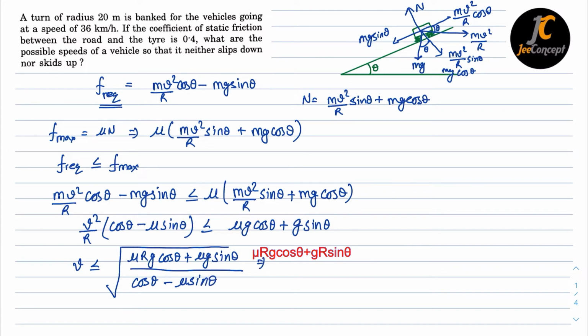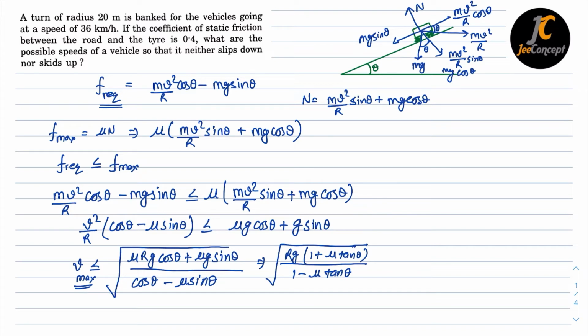Further we will write it as rg as a common and I am just taking cos theta also common, so that will become 1 plus mu tan theta upon 1 minus mu tan theta, right? So this is the maximum velocity which we can give this car so that it can safely move along this banked road. Now similarly, we can also get the V minimum.